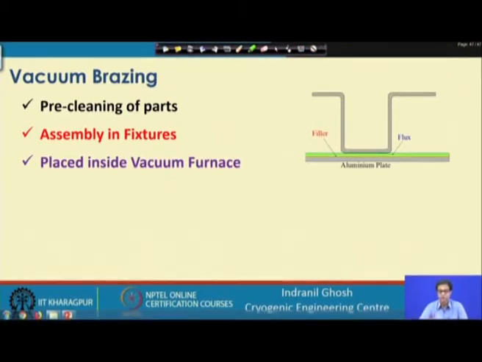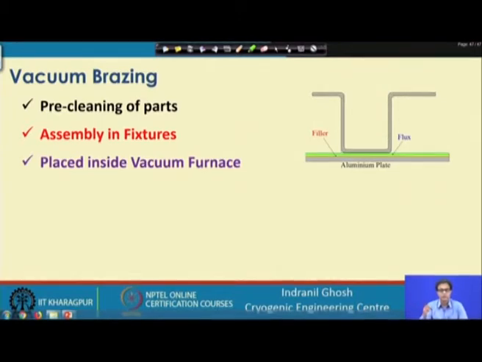Because we know that in the presence of oxygen, if we try to raise the temperature to a high degree, the aluminum plates may get oxidized easily. That will make it very difficult to break those oxide layers and to make a good joint between the plate and the fin.